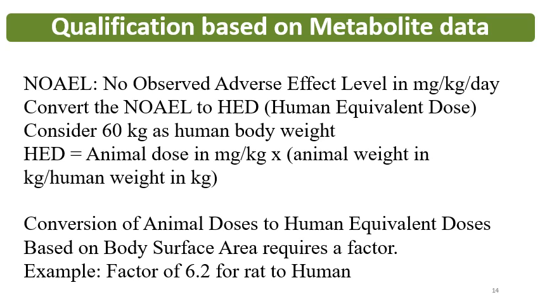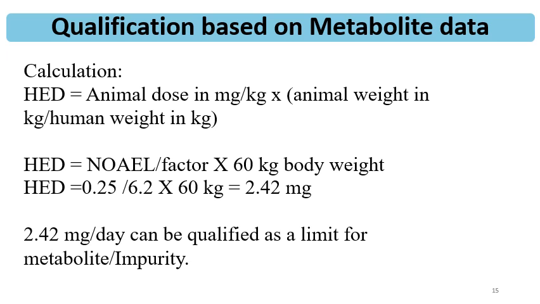See, the studies are performed in the animals and then from there the data is taken for the human trials. And these dose calculations require these factors which are based on the surface area and the body weight. Now we have the NOAEL, the factor and the body weight. HED will be, if I consider a NOAEL level of 0.25 mg per kg body weight, 6.2 as the factor and 60 kg as the body weight.